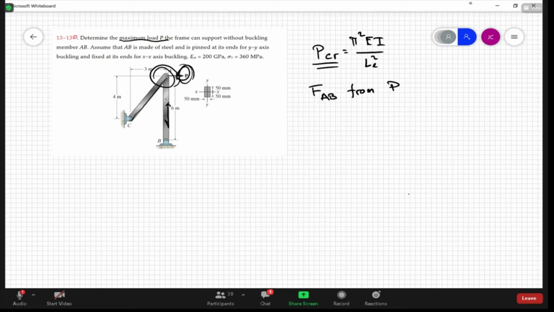If we draw the free body diagram at point A, here we have the force P. Then acting up, I'm going to assume it's in compression, we have the force from element AB, and then we have the force in element AC.